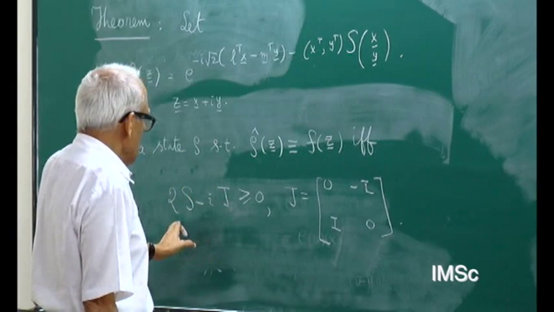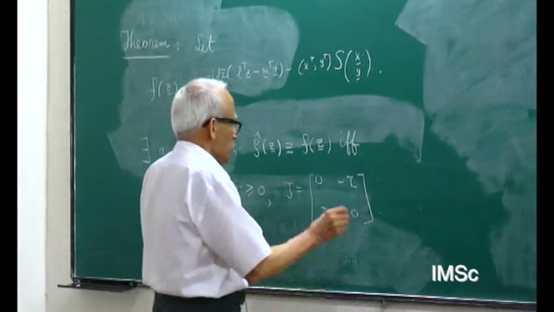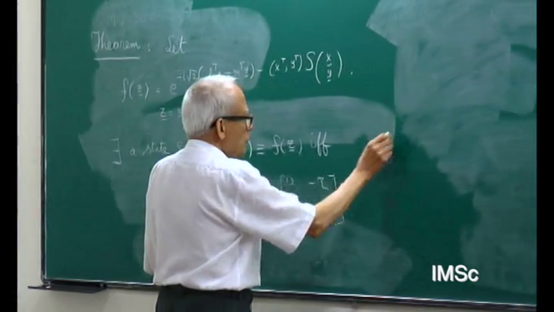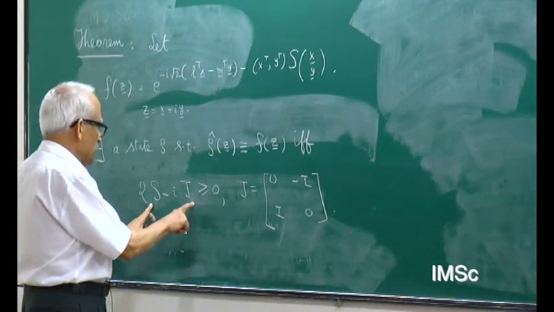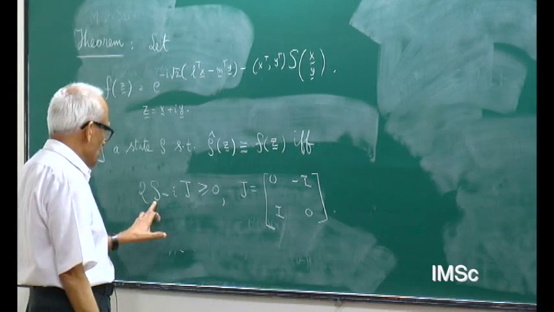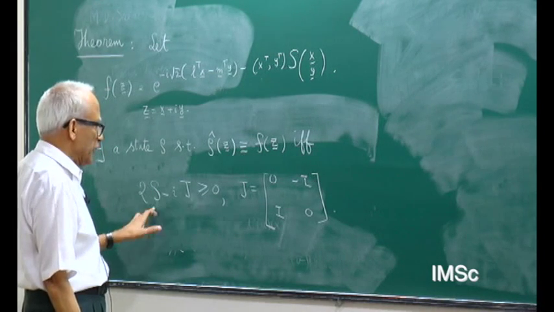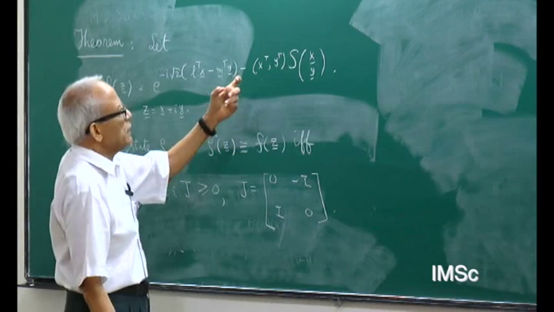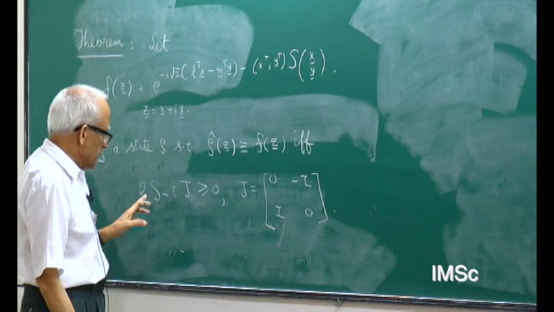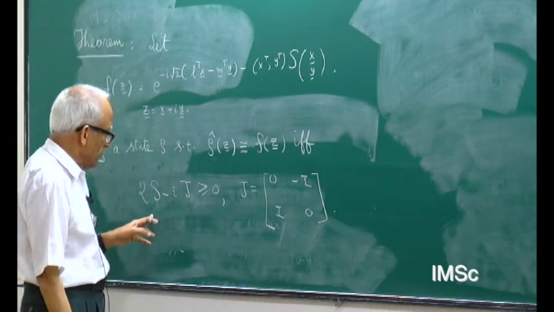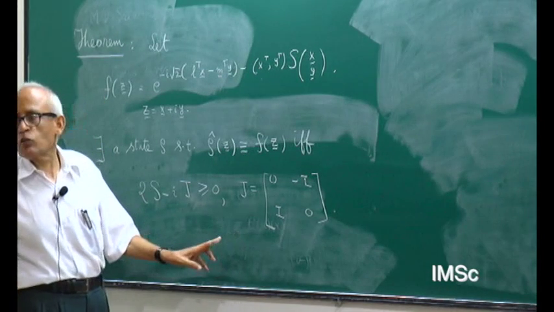Now, you see, this means S is a matrix positivity. If you read the portion from this matrix, if you choose one x_i and y_i here, that will give you the variance of p_j multiplied by the variance of q_j greater than or equal to 1 over 4.